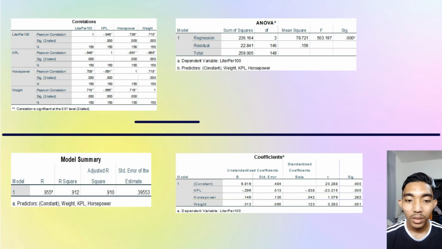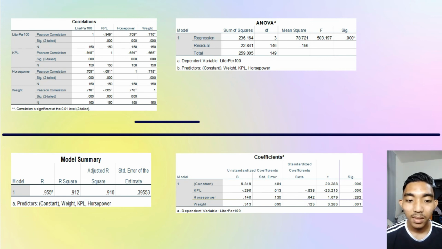Coefficients. The equation is liter per 100 equals 9.819 minus 0.296 KPL plus 0.146 horsepower plus 0.313 weight.